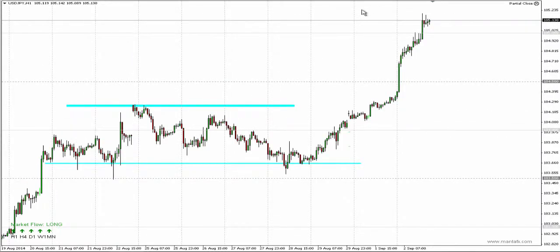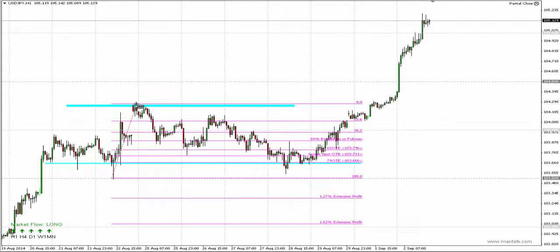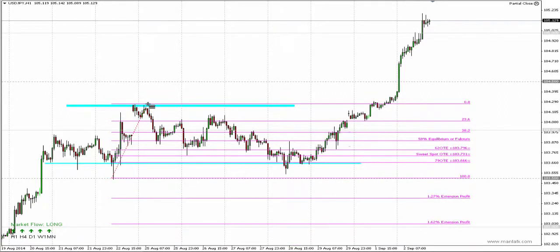So, anyways, the idea was the market was protecting the 103.50 mid figure, and so we would take this low, or actually the level itself doesn't really matter in this case because they're pretty much similar, and extend the fib and enter somewhere around here, because this was obviously as you can see a good move up.